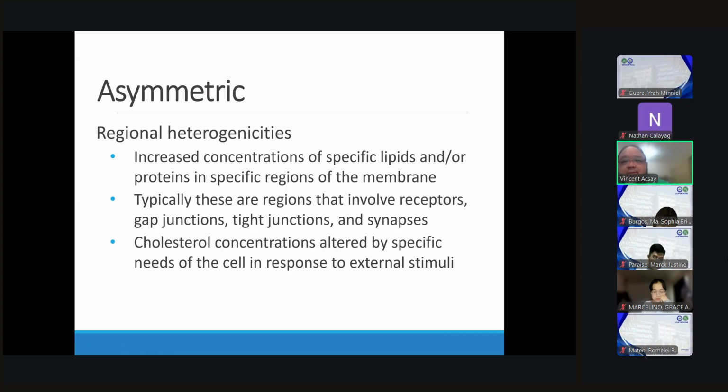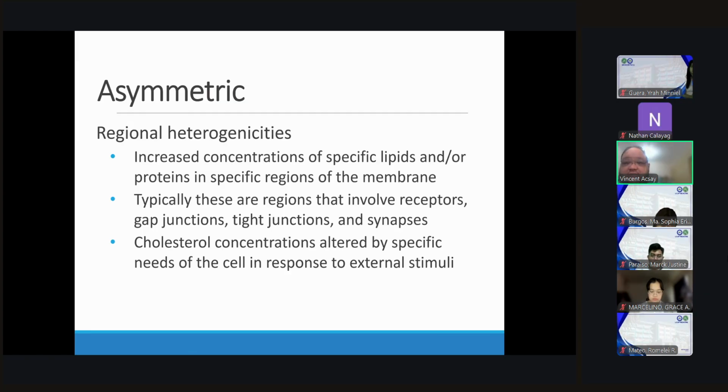So what do we mean by regional heterogeneities? For certain parts of a cell, there are functions of that cell that are performed by the proteins. The greater the number of proteins in that area, the greater the potential of the function, such as receptors or transporters or enzymes.